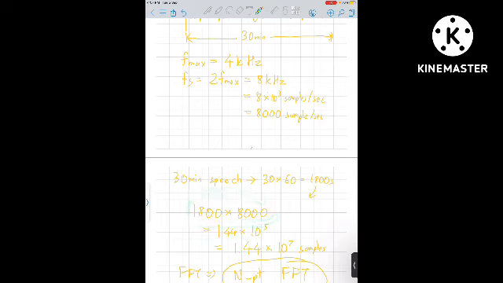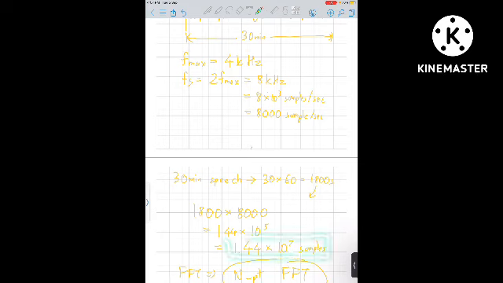For high quality you need to oversample. So we will have something like 1.44 times 10 to the power 7 samples.